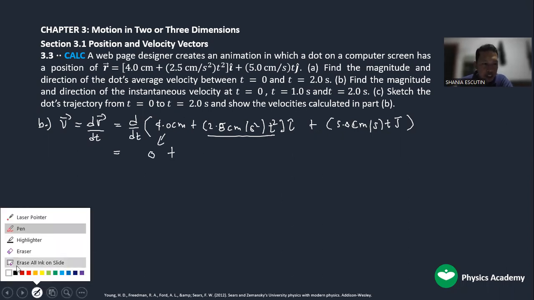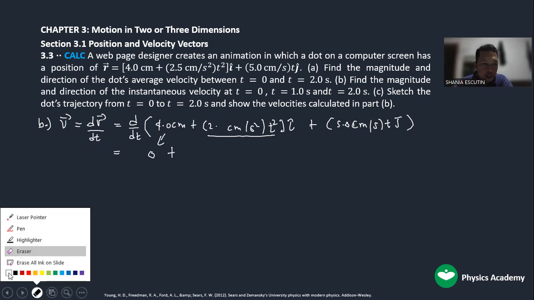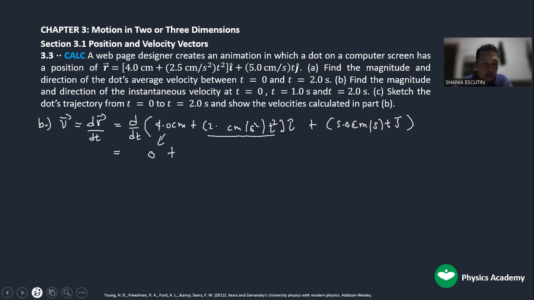So let's make it clear, so that there is no misconception. This is 2.5. So you bring down the 2. So 2 times 2.5 centimeters per second squared. And we have 2 minus 1, so just 1, or t to the power of 1.